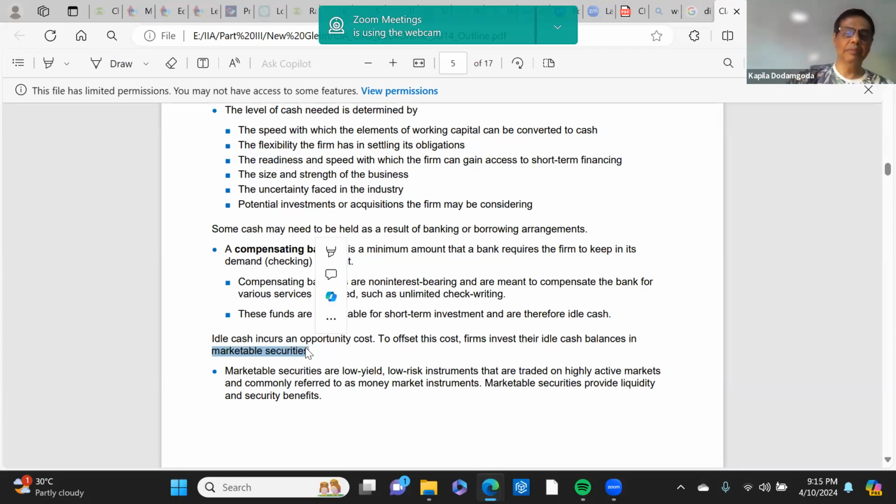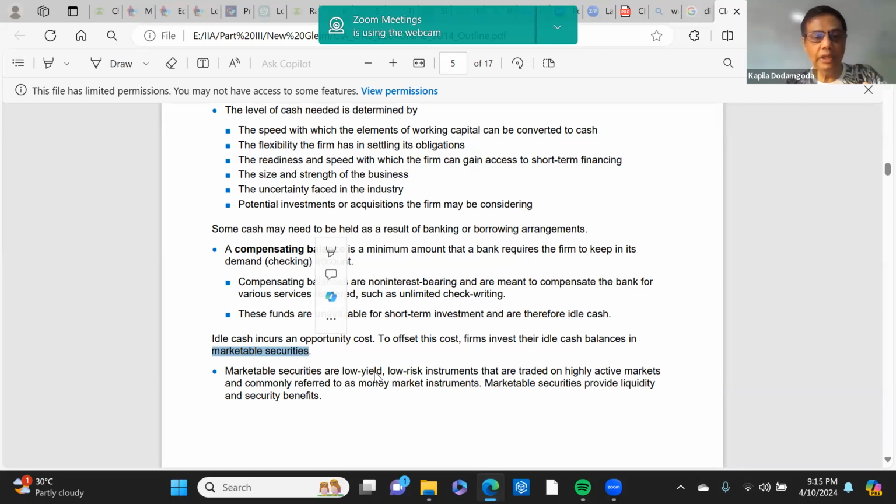What is meant by marketable securities? Remember, you know what they are. They are low yield because you are trying to get a return, but you want to be able to withdraw the money soon. So your return or yield will be lower, and they are low risk. They are marketable at any given point of time. They are low risk instruments that are traded on highly active markets.